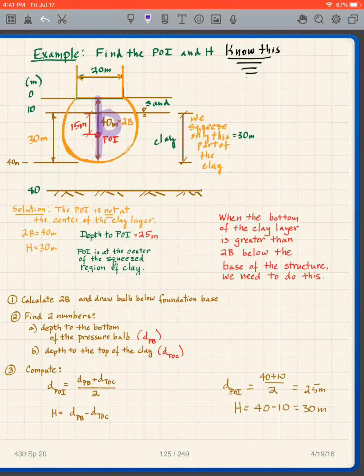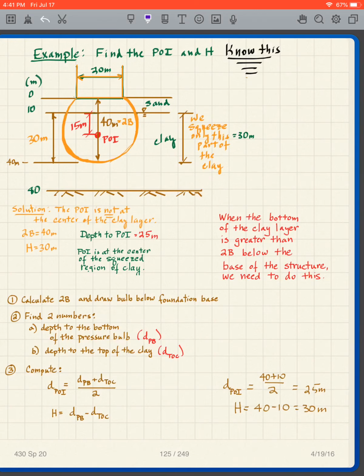So only the region of soil that gets squeezed is this region, and that region has a thickness of only 30 meters. In other words, we squeeze only this part of the clay, and that part is 30 meters. So first of all, I use that as my H in my calculation.